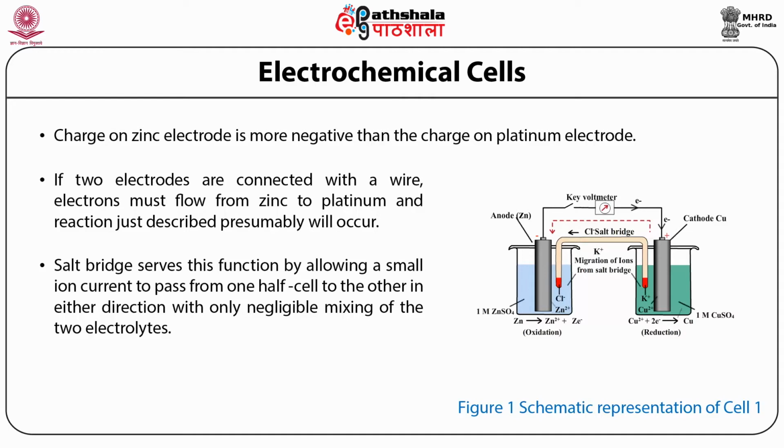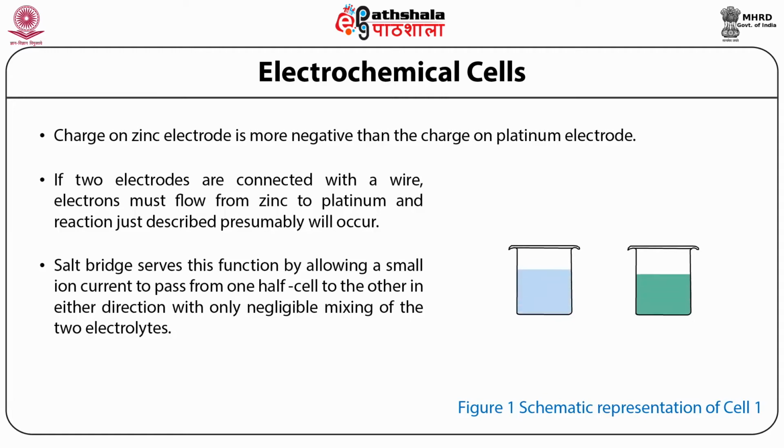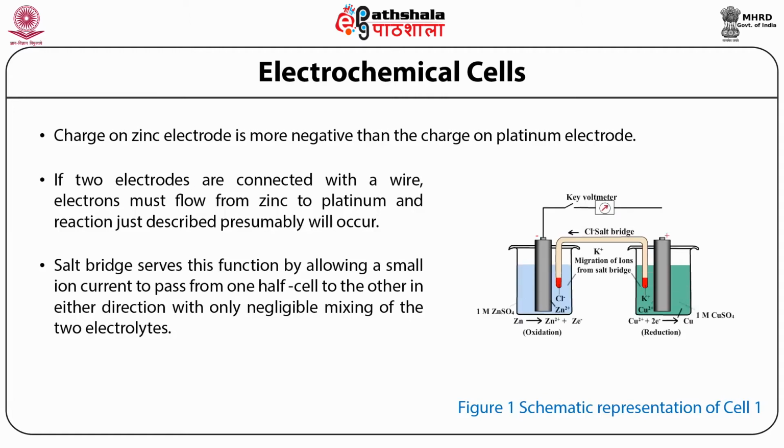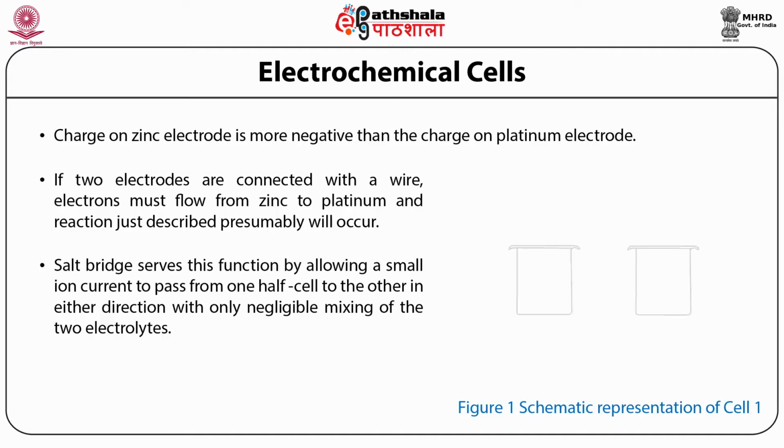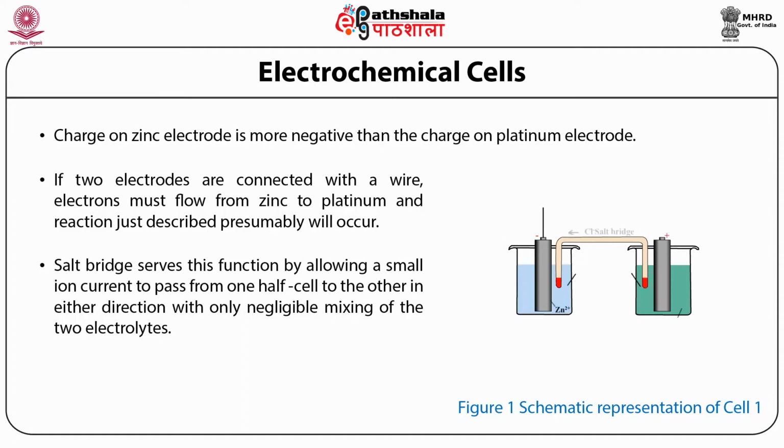Number 1, zinc metal is oxidized and dissolves. Number 2, electrons are transferred from the zinc electrode to the platinum electrode through the wire. Number 3, ferric ion is reduced by the electrons on the platinum electrode. Number 4, cations migrate from the zinc half cell to the ferrous-ferric half cell through the salt bridge. And the last, anions migrate in the reverse direction.